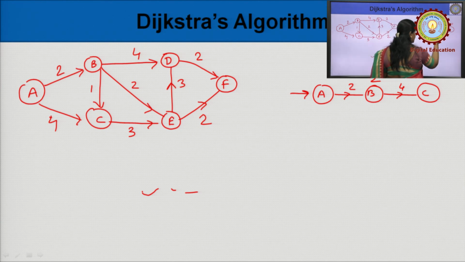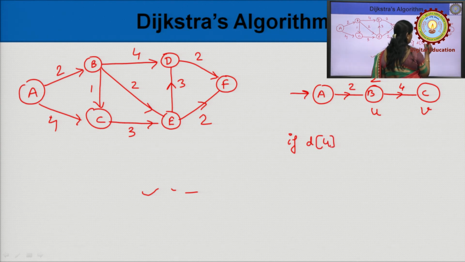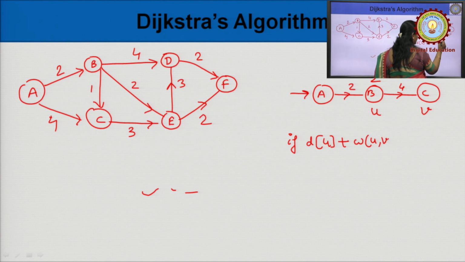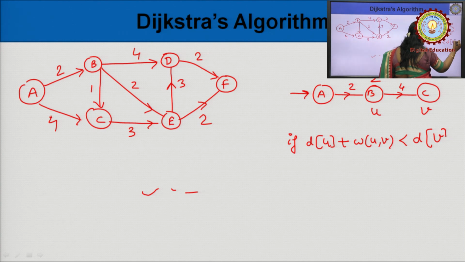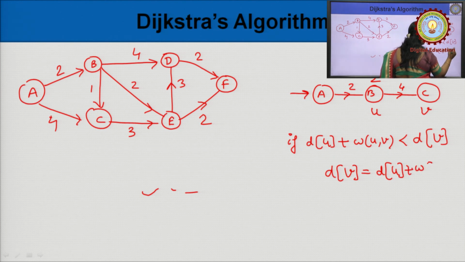if there is an edge between U and V, and distance of U plus weight of UV is less than distance of V, then the distance of V is replaced by distance of U plus weight of UV.